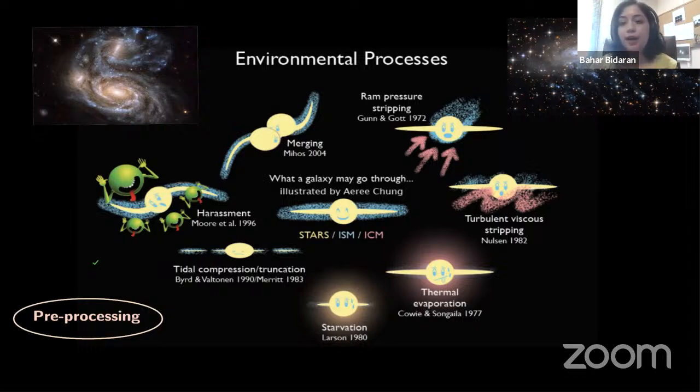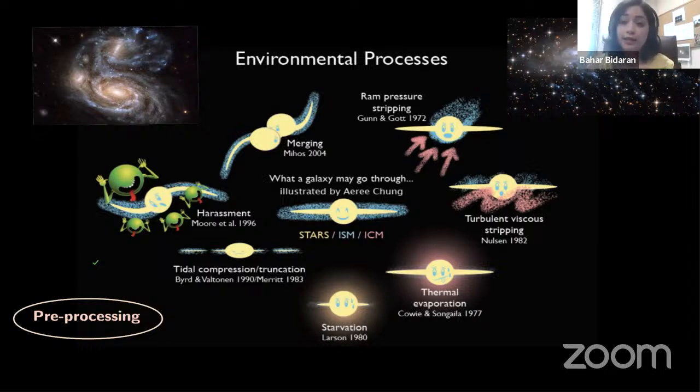And it means that these environmental processes could affect you before coming to the present day cluster, partially or completely. This is what we call pre-processing: the act of partially or completely transforming galaxies' properties due to environmental effects before they come to the present day host halo.